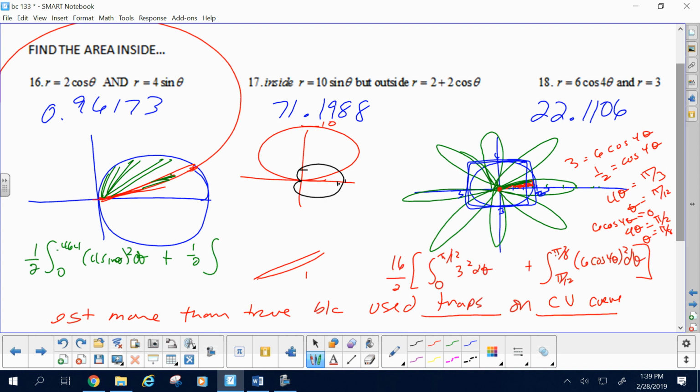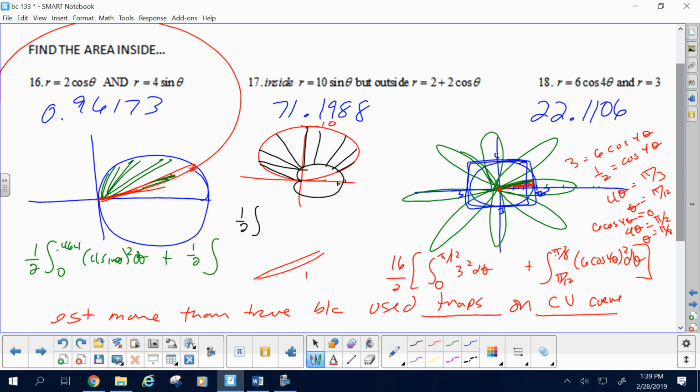So inside the red, but outside the limacon. I didn't draw it very well. So it feels like it's always outer circle and inner limacon. So I think one integral, no symmetry.